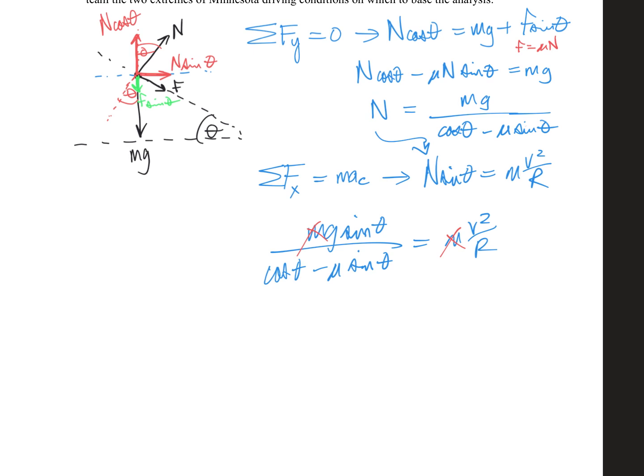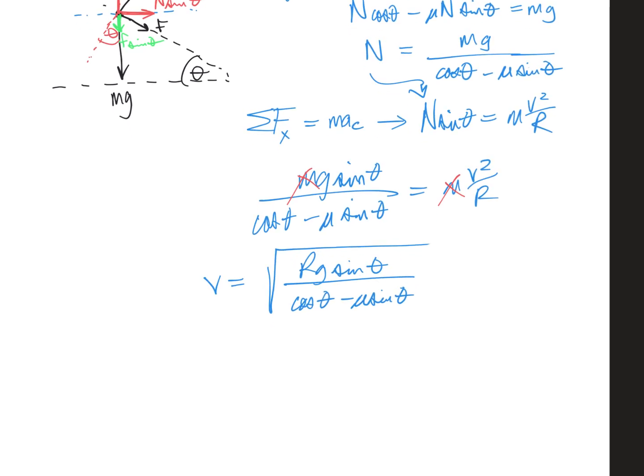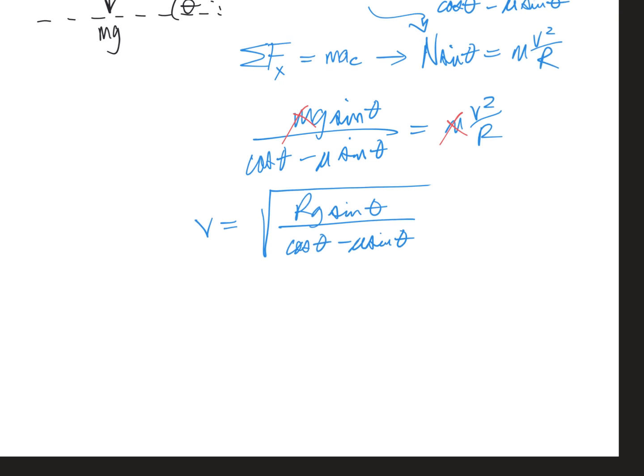Okay. Math, math, math, math, math. So you get this big ugly velocity thing. And if you plug and chug all this stuff, let's take a moment to deal with that.